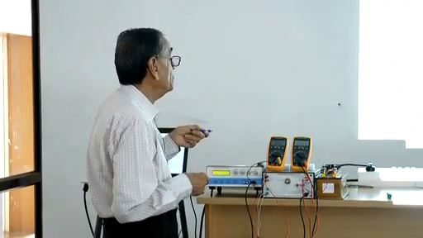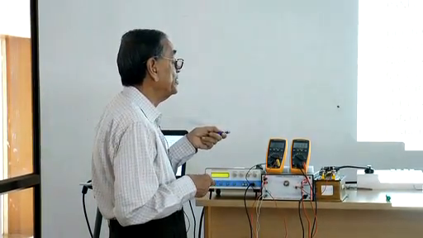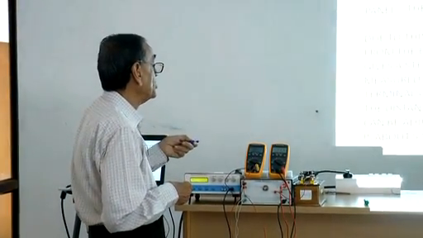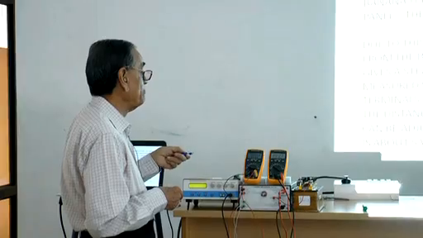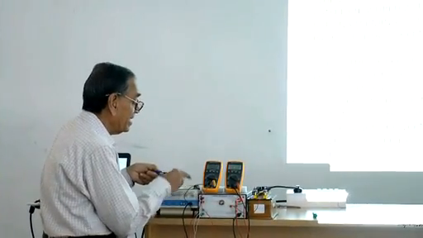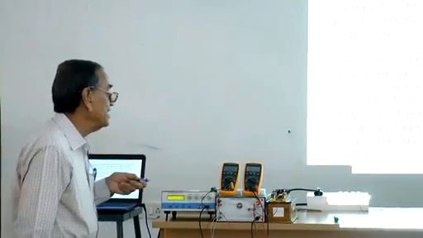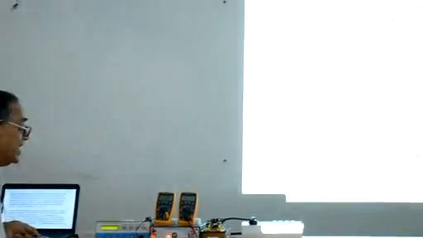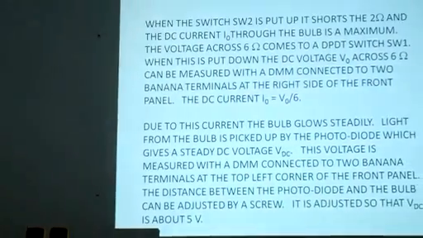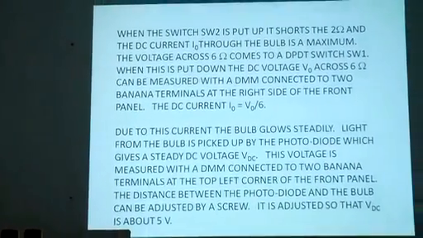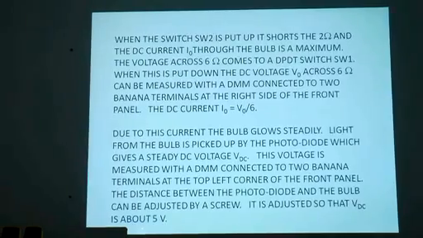The bulb glows steadily due to DC current. So the light from the bulb is picked up by the photodiode, which will give a DC output. You can adjust the distance of the photodiode from the bulb by turning the screw.